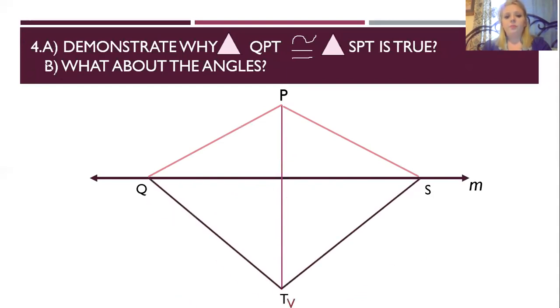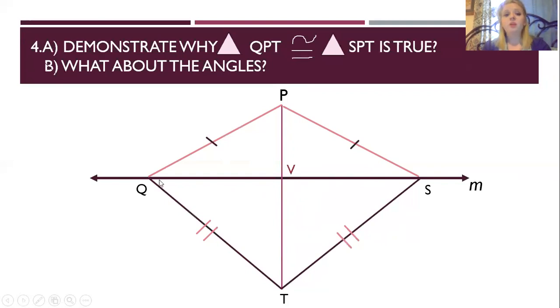We know that first off, when we look at this, we have this common point in the middle. And we see these lines. These lines mean that these two lines are congruent, okay? That they're the same measurement and distance from P to S and P to Q. They're the exact same measurement. And we know that Q to T is the same as S to T. They're the exact same measurements because these lines are saying that these two lines are congruent.